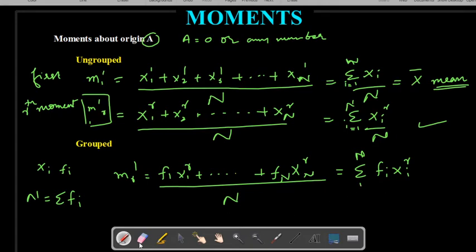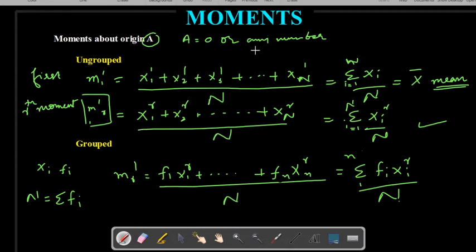Sorry, here it is small n, the other one capital N. The sum is coming as capital N. How many terms are coming? n terms. That's the concept. So here comes small n, whole divided by capital N. So this will come as the rth moment for the grouped data.